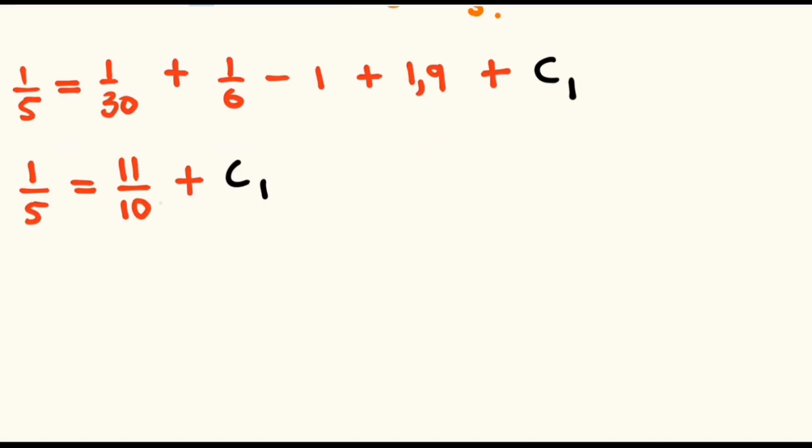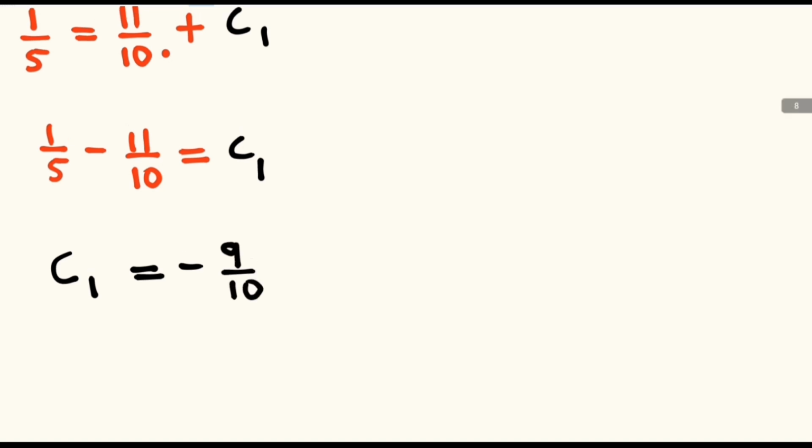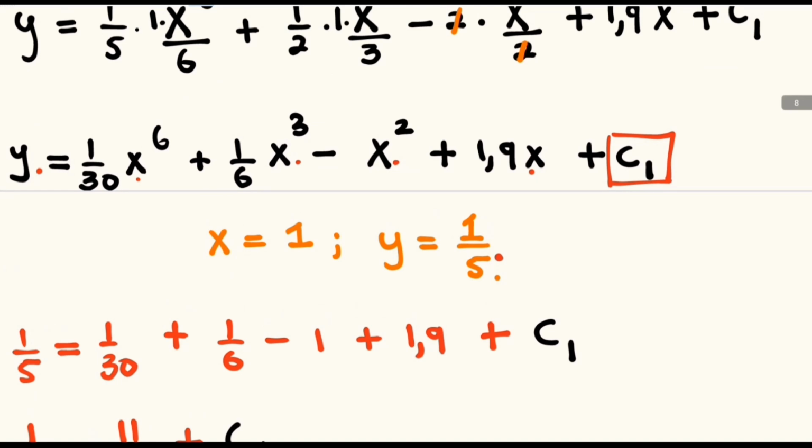We take this 11 divided by 10 to the left, and it's going to change sign to negative 11 divided by 10, which is equals to c1. So the numerical value of c1 will be equal to 1 over 5 minus 11 divided by 10, which is equals to negative 9 divided by 10.